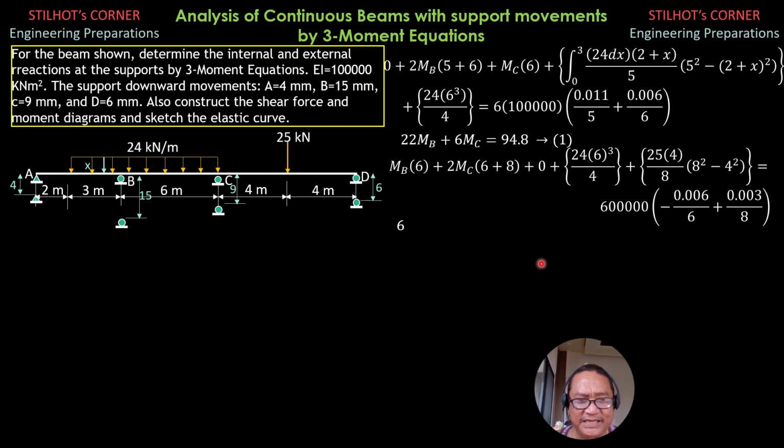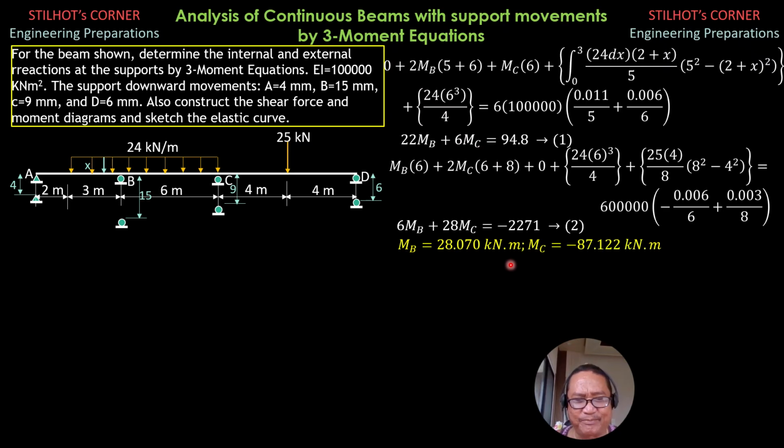Simplifying, 6 MB plus 28 MC equals negative 2271. Solving equations 1 and 2 simultaneously, we get MB equals 28.070 kilonewton meter and MC equals negative 87.122 kilonewton meter.